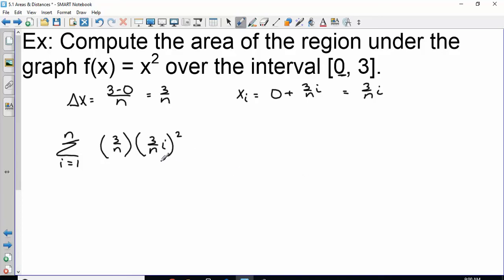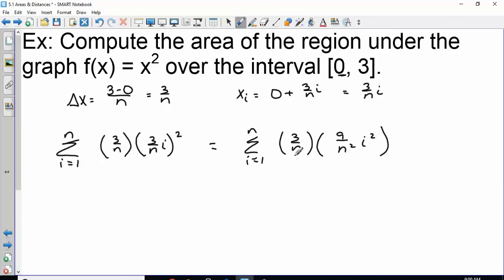We did this yesterday, but we only did it with the 10 rectangles. Do you guys remember that? So we had the same formula yesterday, but now we're going to do it with n rectangles. So if we clean this up and square this, we get 9 over n squared times i squared.